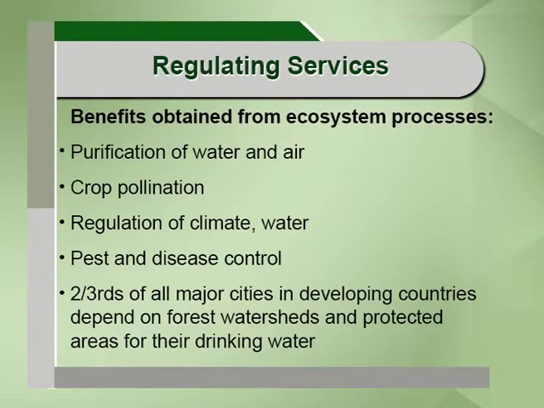Regulating services. This mainly includes the biogeochemical cycling of nutrients, purification of water and air, crop pollination, and regulation of climate and water. So, climate regulation, water regulation and cycling of water are all regulating services naturally done by the forest ecosystems.